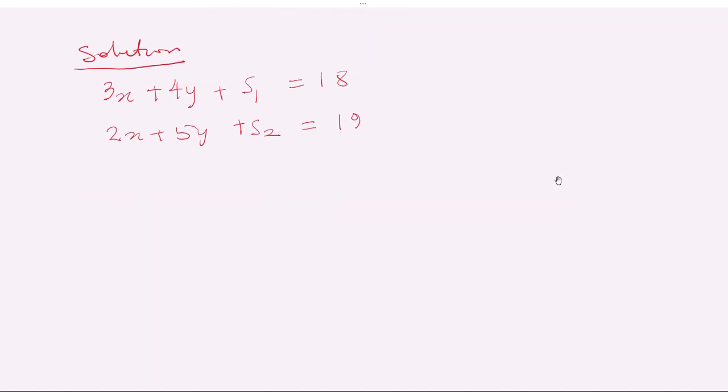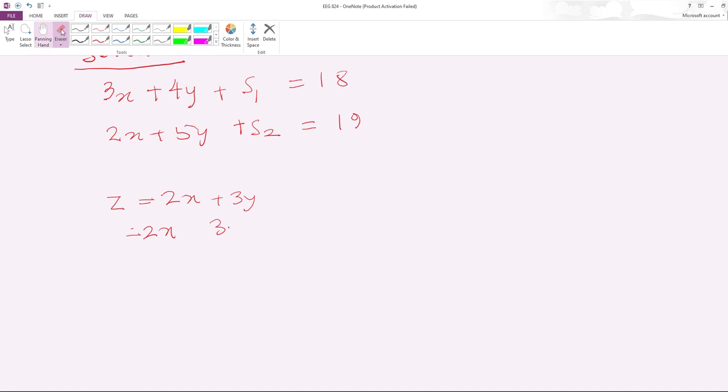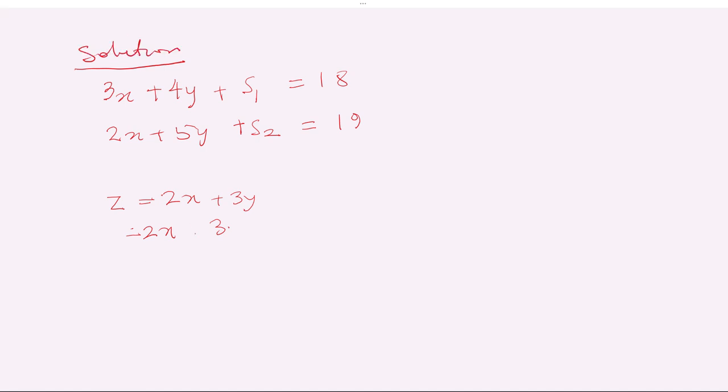We can rewrite it as minus 2x minus 3y plus z equals 0.